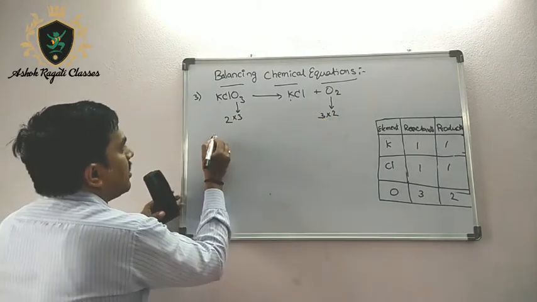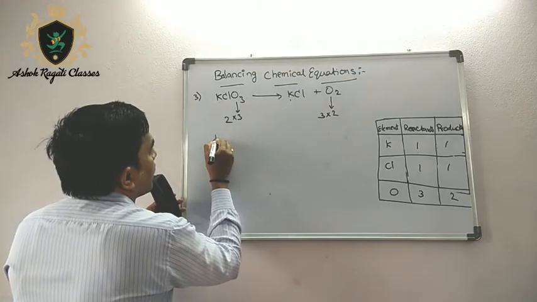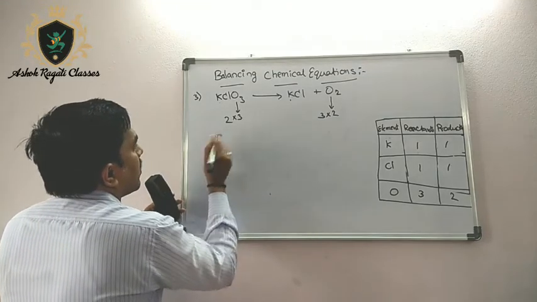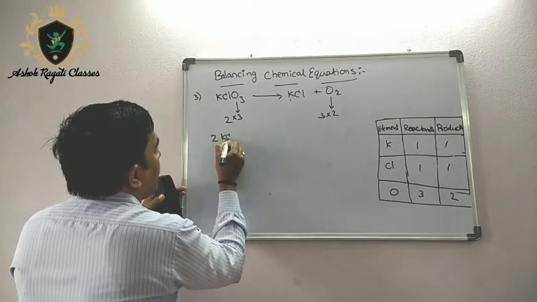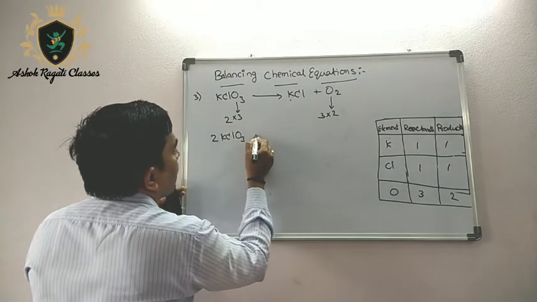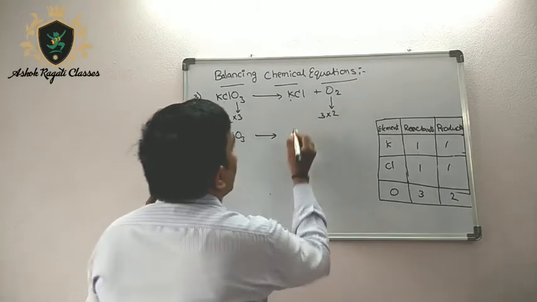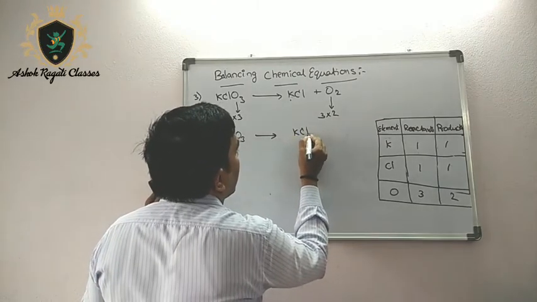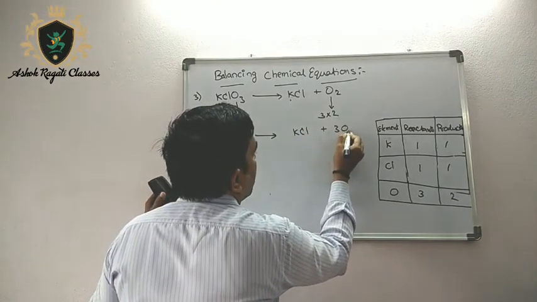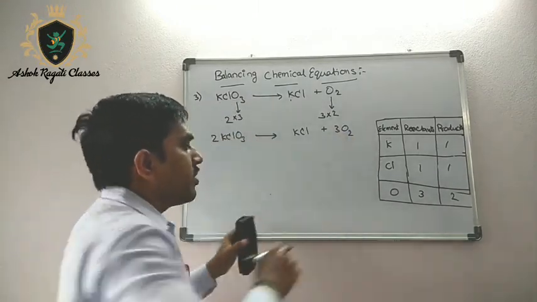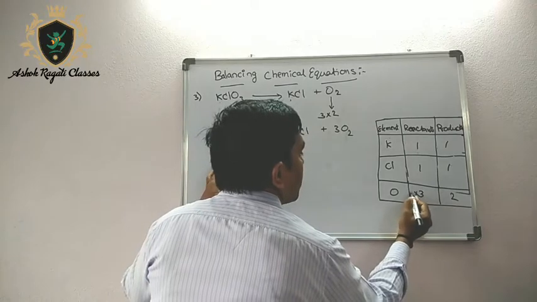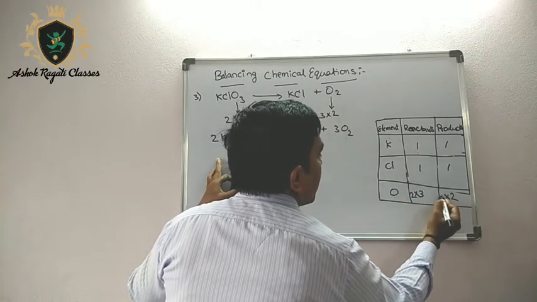Now rewrite the equation: 2 into KClO3 gives rise to KCl plus 3O2. Your intention is to balance the oxygen number. So what changes did you do here? Multiplied with 2 and multiplied with 3.